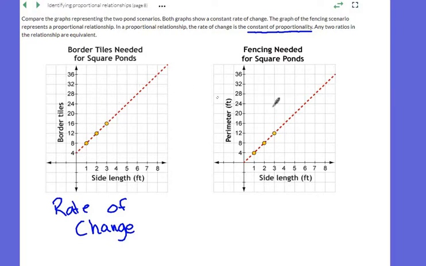They both increased by 4. So if they ask what the constant of proportionality is of this one, it would be 4. If they ask for the rate of change of this one, it would be 4 because it was increasing by 4 every time. Alright, so let's go to our next problem in our workbook.